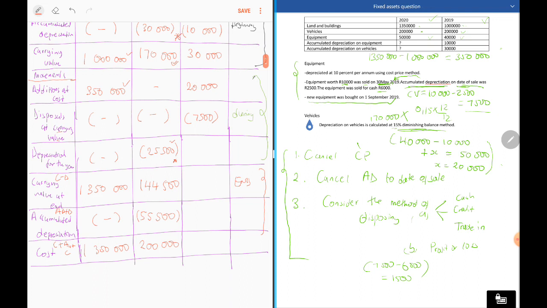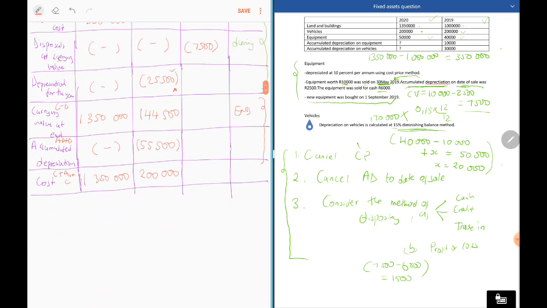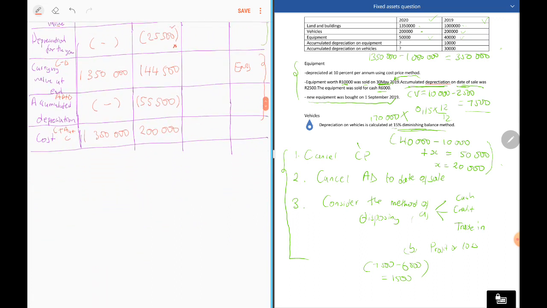Then depreciation for the year. How do we calculate depreciation for the year? If we did not have the accumulated depreciation on date of sale, we would calculate depreciation for the year for the old equipment, for the new, and for the sold. But now, because we had the accumulated depreciation for the sold, there's no need to calculate depreciation for the year for it.